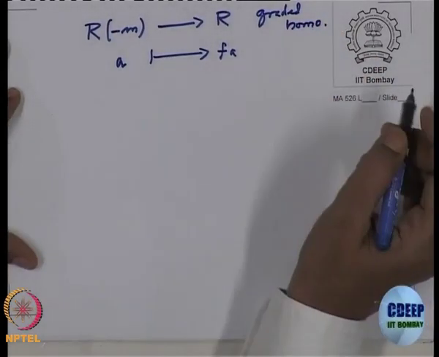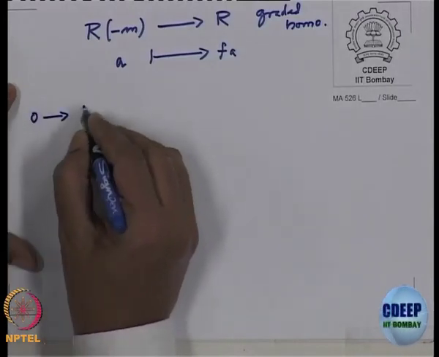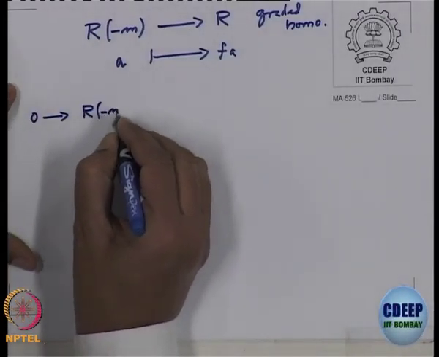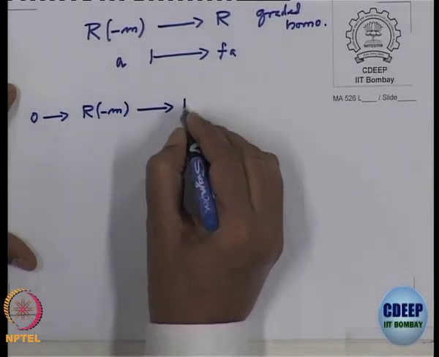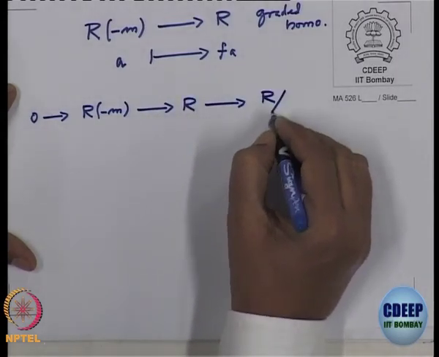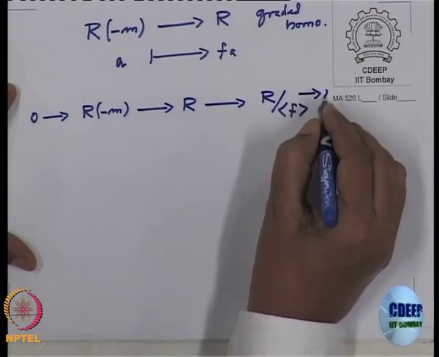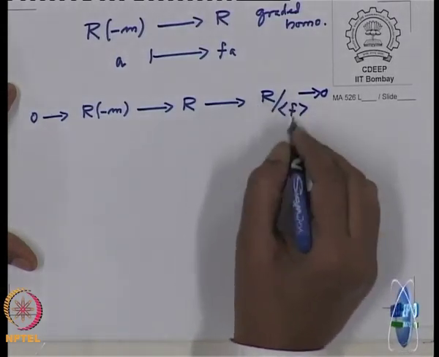And then what is the co-kernel? So, this is injective. So, I have an injective homomorphism, and what will be the co-kernel? Co-kernel is R modulo the ideal generated by f, and I do not have to do anything here because this is homogeneous.